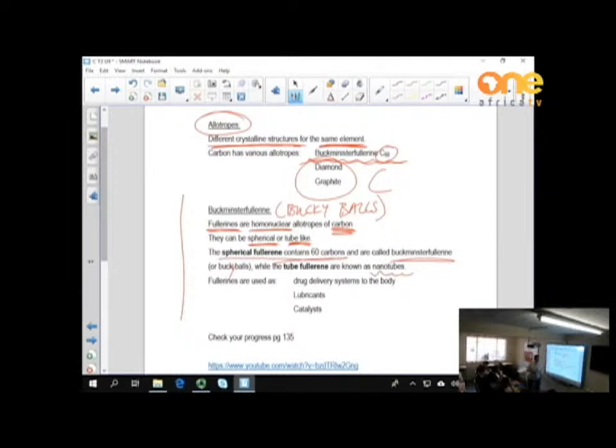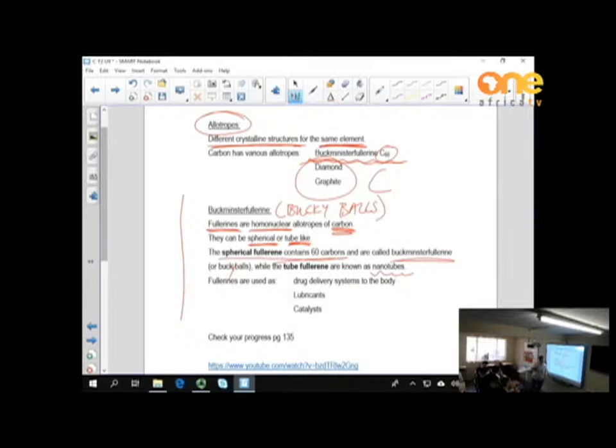They're investigating nanotubes in terms of conductivity, because graphite conducts, and the nanotubes are made from the fullerene, that they tend to build onto each other to form long tubes. And these tubes can conduct electricity.